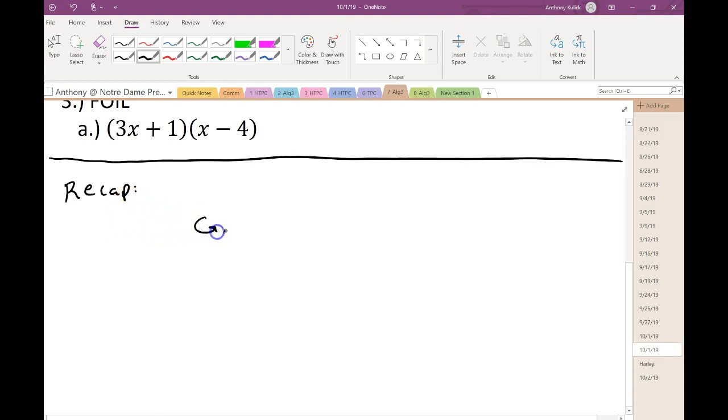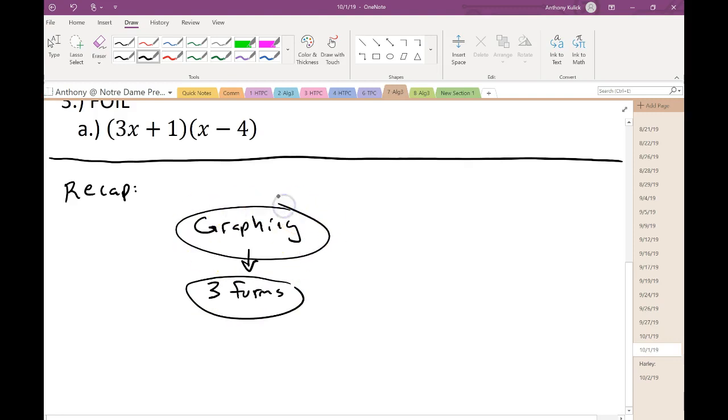So we've talked about graphing, and we talked about there were three different forms that we might have in order to do that graphing. And then we talked about converting between those three different forms.